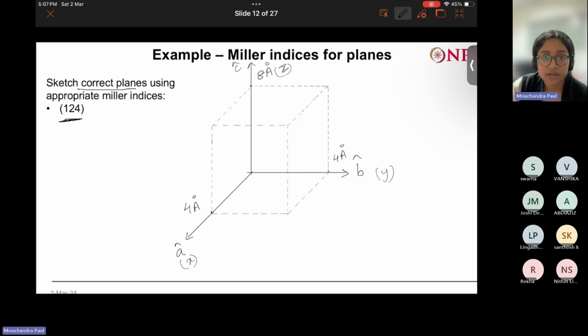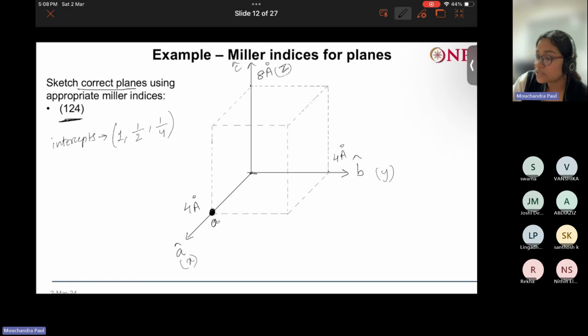Now you're given the Miller index. You have to find the intersection points, or intercepts. How will you find them? You will take the reciprocal of these values. That is 1, 1/2, 1/4. Now 1 is in the X direction, so the point of intersection will be this, A. Then a half is in the Y direction.